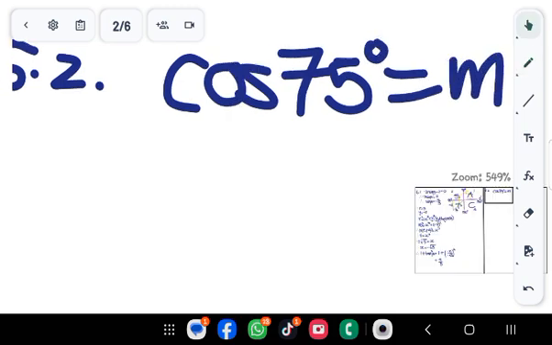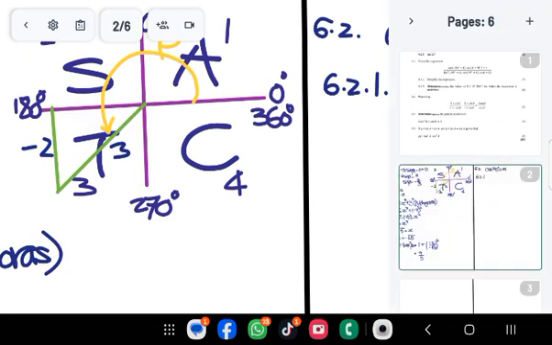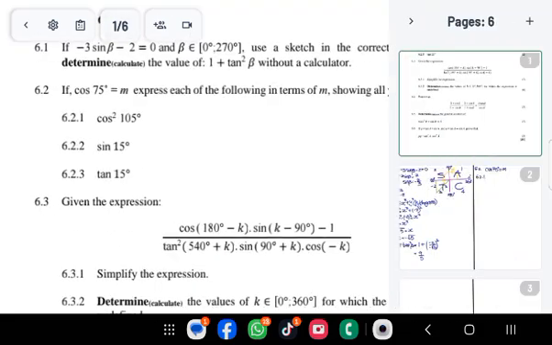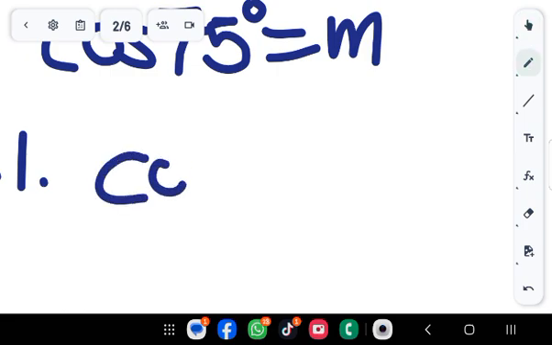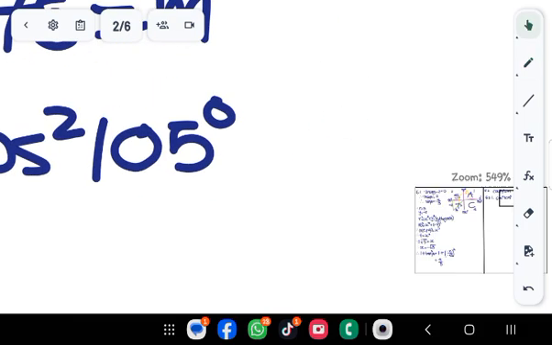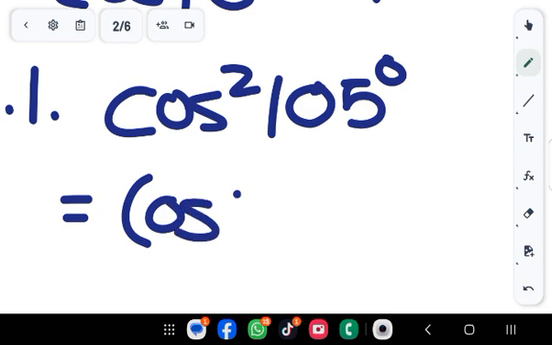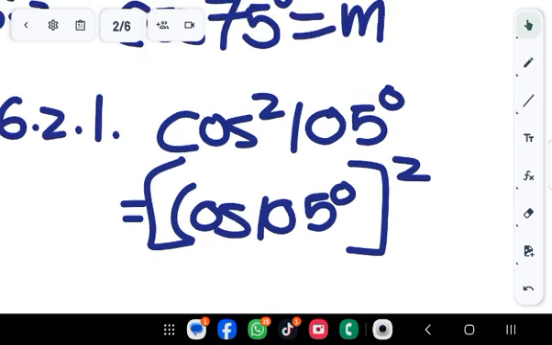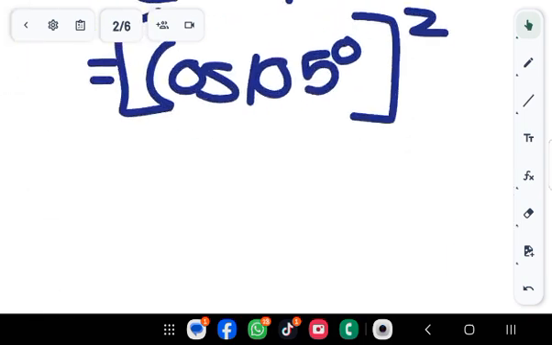This is m. Now they said 6.2.1, they want us to calculate cos squared of 105 degrees. Obviously that means it equals the cos of 105 degrees all squared. Now how does cos of 105 degrees relate to cos of 75 degrees?